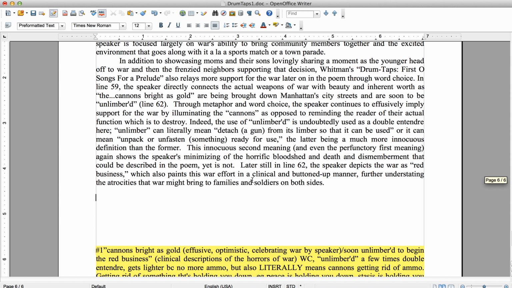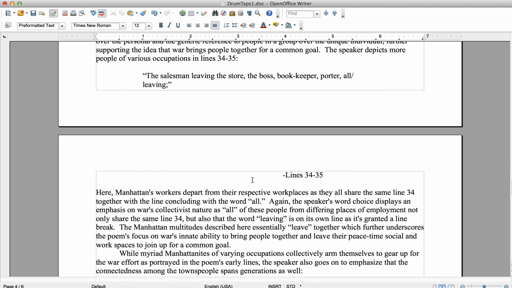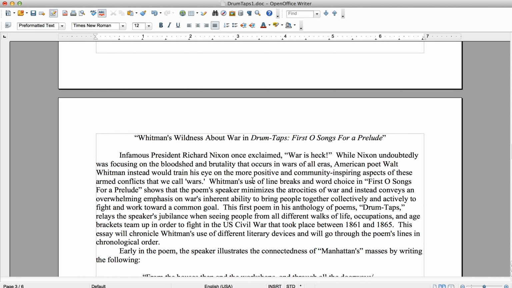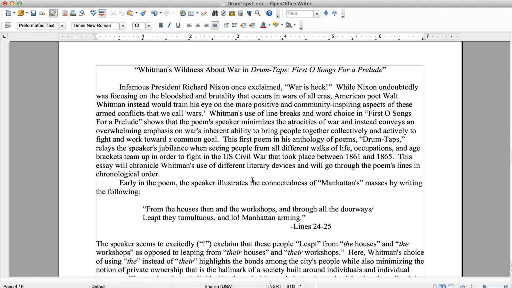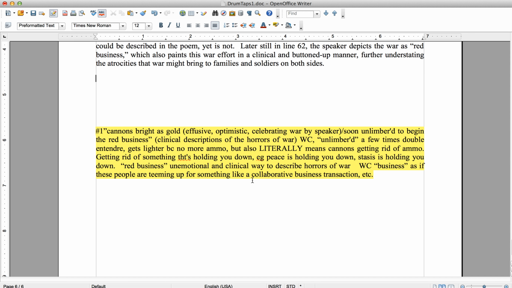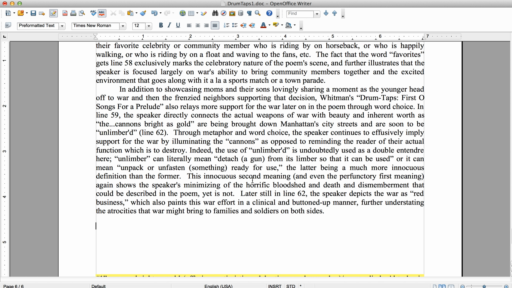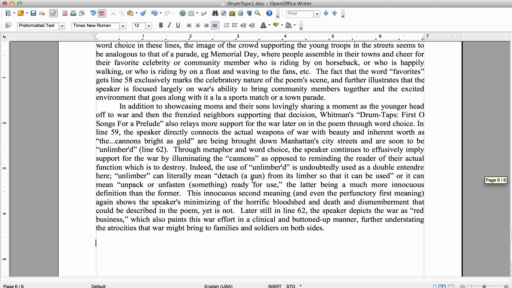Yes, so this paragraph is all about that part of the thesis that talks about minimizing how horrible the bloodshed and how horrible war can be. So all right, so we will meet next video for the next paragraph. Thank you very much.